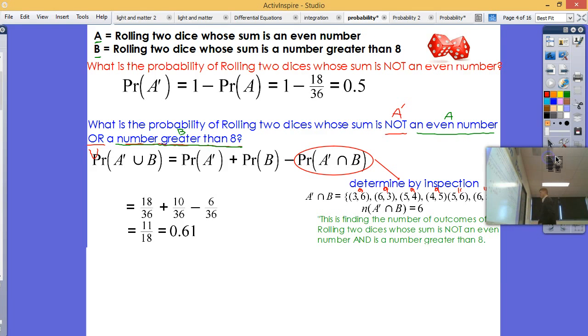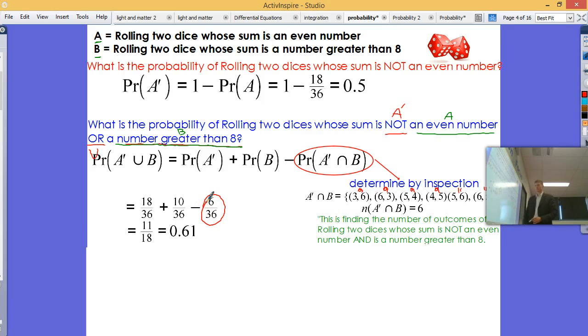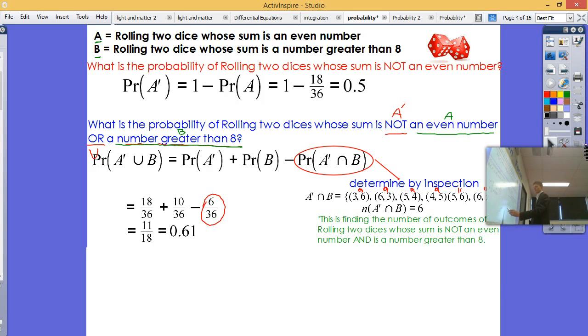So here I go. I've got 6 out of a possible 36 for the intersection. I've got 18 out of 36 for not A and 10 out of 36 for probability of B. And put it into the sum and I get my 11 out of 18, 61%. Okay?